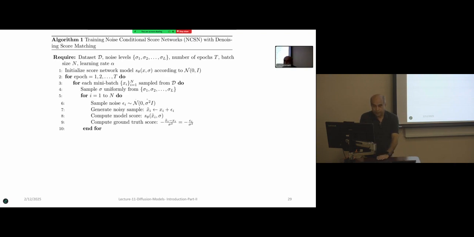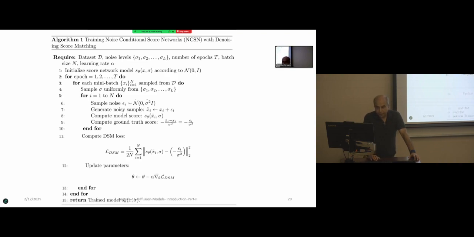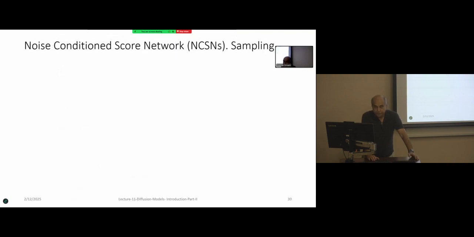So in order to learn these parameters, we just use this objective function and update the parameters. Theta will be updated by finding the gradient of the L DSM, which is given here. So this was the training.